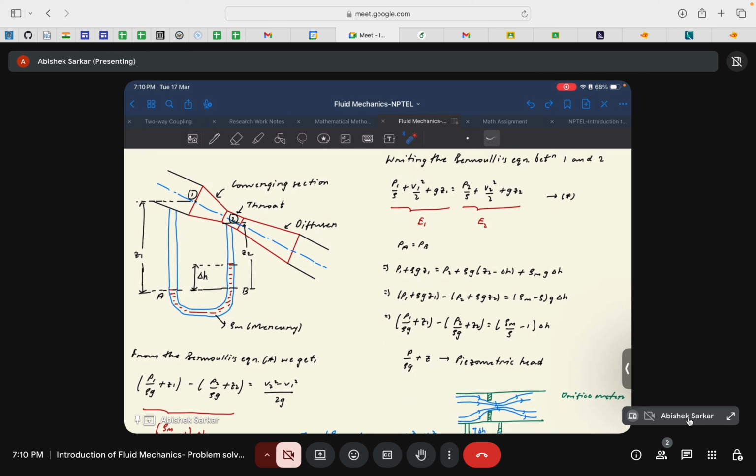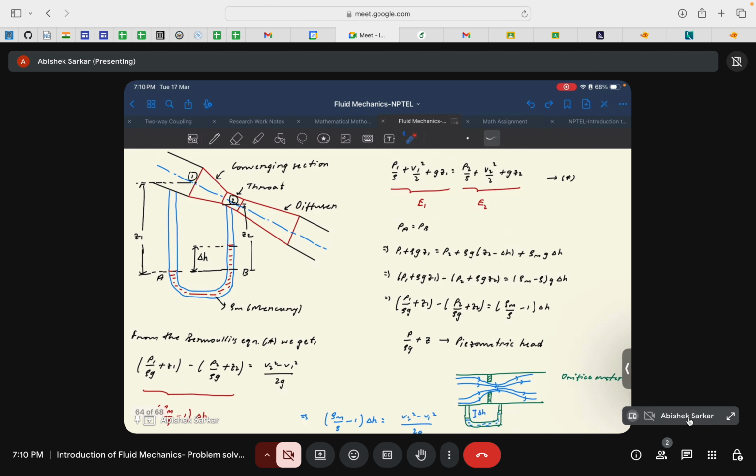Now let us balance the pressure at these two points. At PA we will have P1 plus rho g Z1 equal to P2 plus rho g (Z2 minus delta H) plus rho m g delta H, where rho m is the fluid inside the manometer, which is mercury in this case. I don't need to repeat how to obtain it. It's very simple.